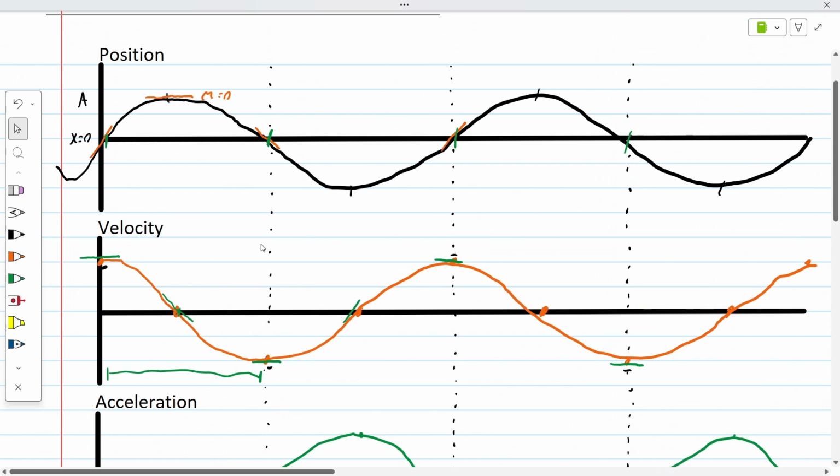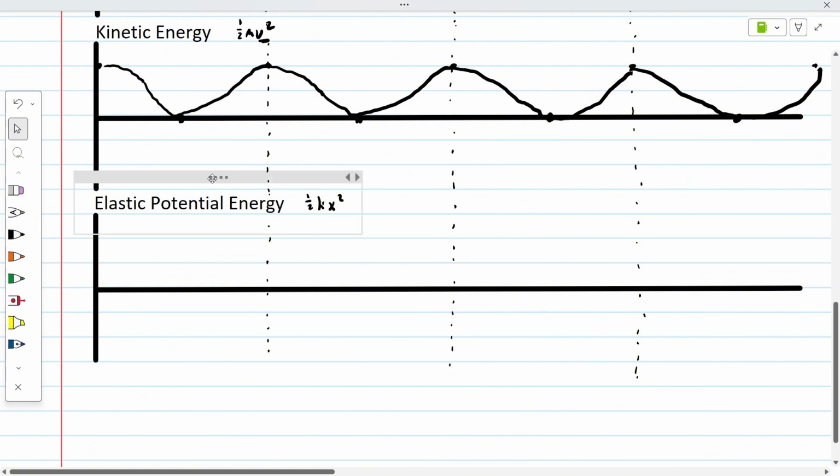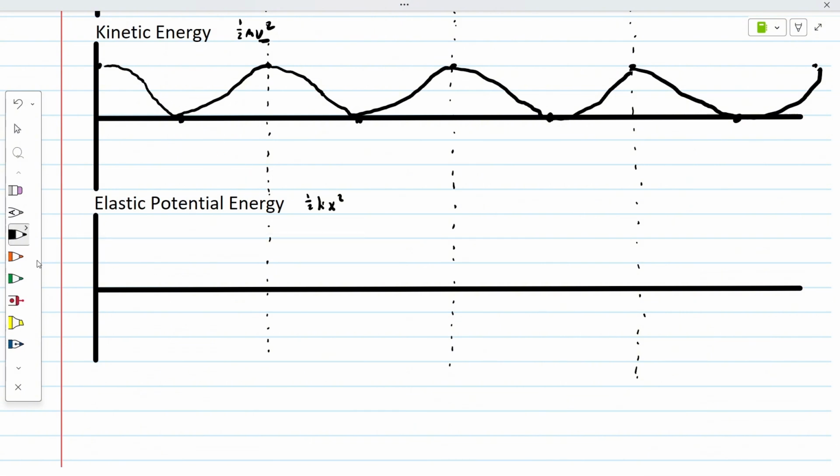So we can find where it's 0, and it's at the max in the middle, which is the opposite of the kinetic energy, and that's the point that I'm trying to show here: the position is going to be 0 where the kinetic energy is at a max, which is what the potential energy is saying, and at the max where the kinetic energy is 0. And so we can go ahead and fill this in.